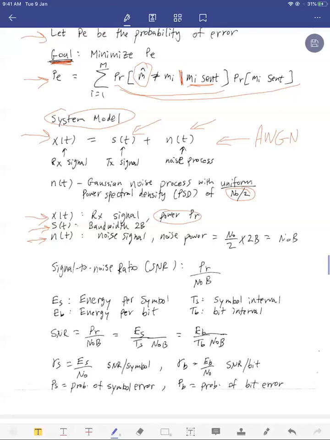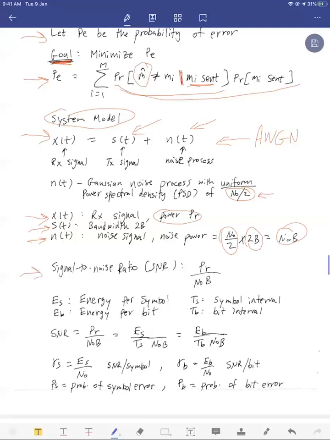Even though the noise is flat across all frequencies, the only thing that affects me is the bandwidth of interest, which is 2B. Since this was the power spectral density, the noise power is N0 by 2 multiplied by the bandwidth of interest, so my noise power is just N0B.